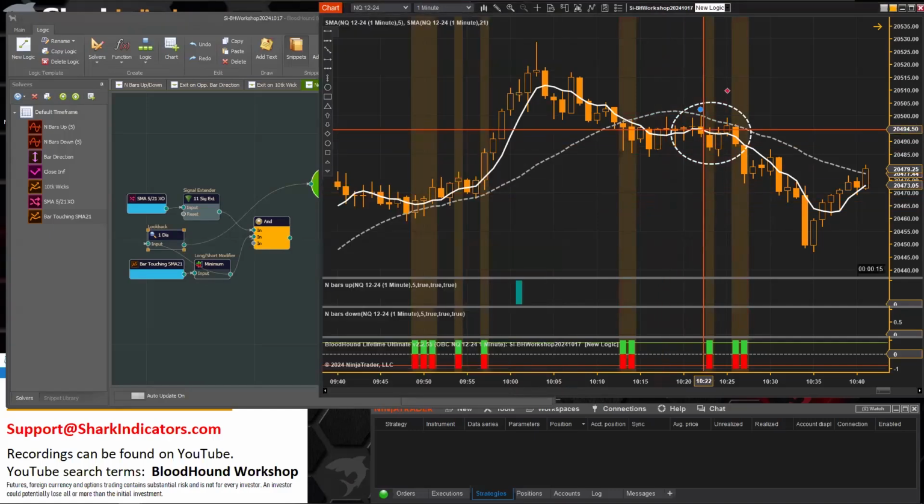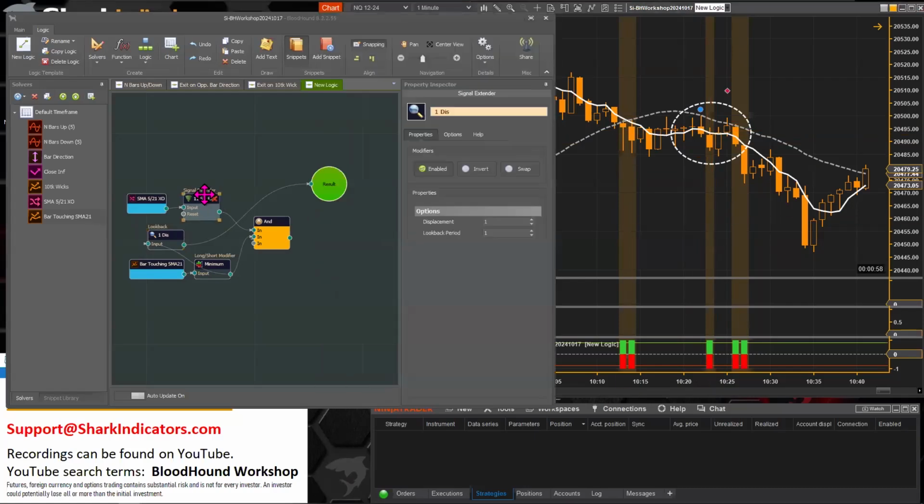You'll notice we know this bar is touching, and we know this bar is touching, but look, the output is displaced by 1, right? So this signal here, we'll use this signal to turn off the signal extender, or reset that signal extender.